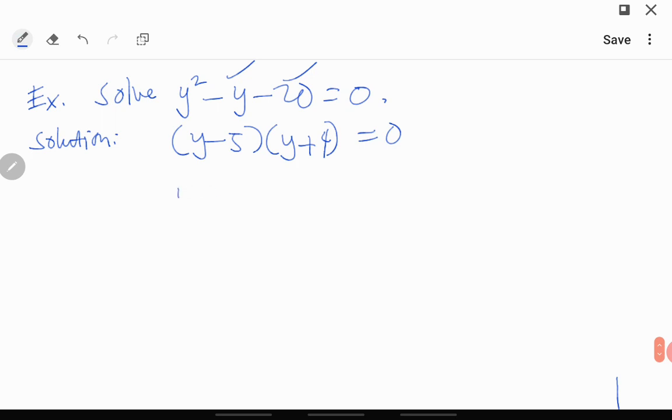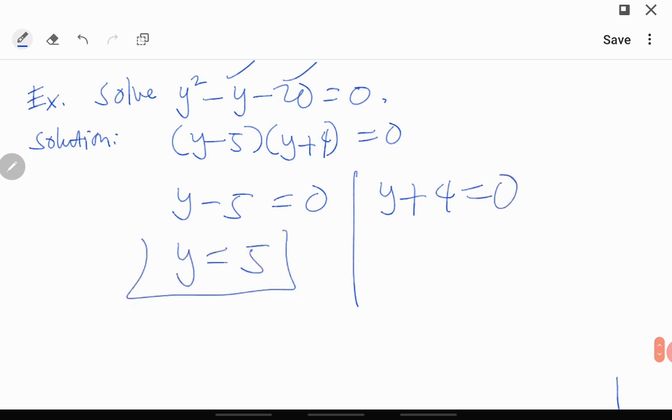So, first factor equals 0, second factor equals 0. For the first factor, the value of y is positive 5. For the second factor, the value of y is negative 4. Alright, so our answers are 5 or negative 4.